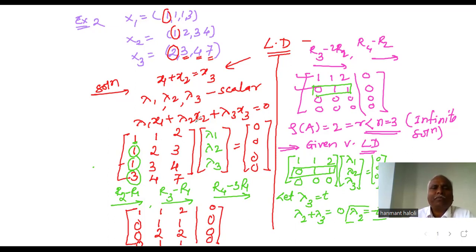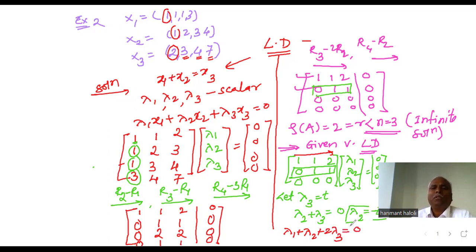Now go for the first equation: 1, 1, 2 with lambdas, means lambda 1 plus lambda 2 plus 2 times lambda 3 equal to 0.